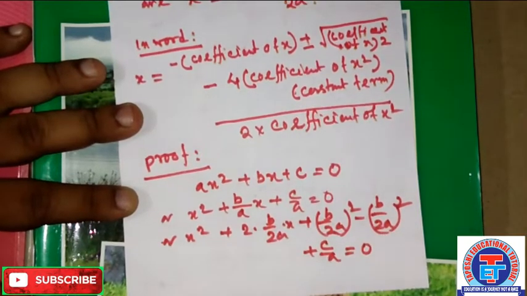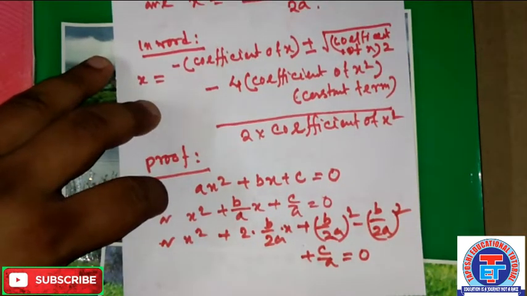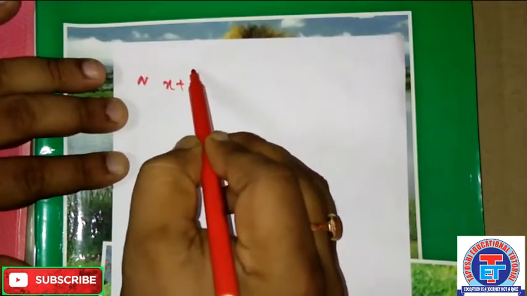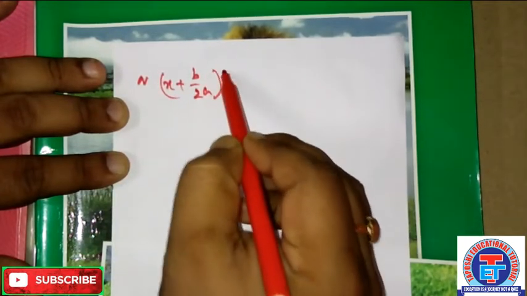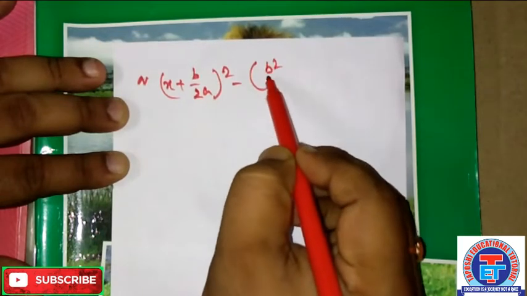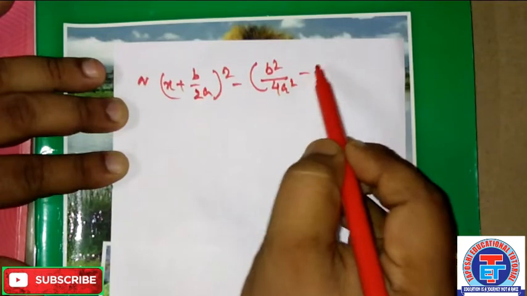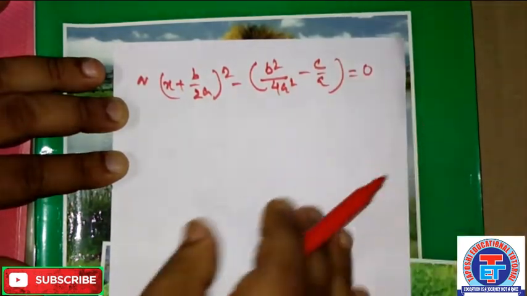Right, student? Now we can write x plus b by 2a its whole square minus b square by 4a square minus c by a is equal to 0.